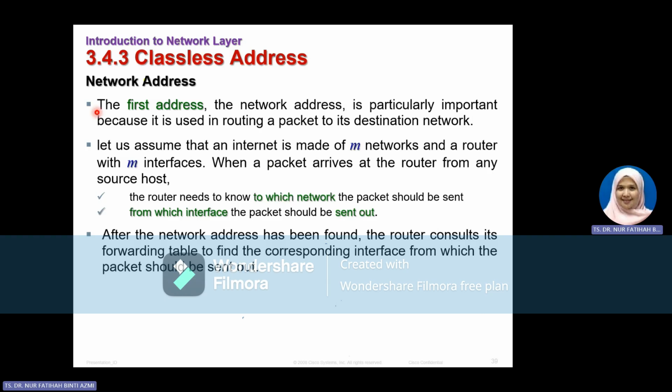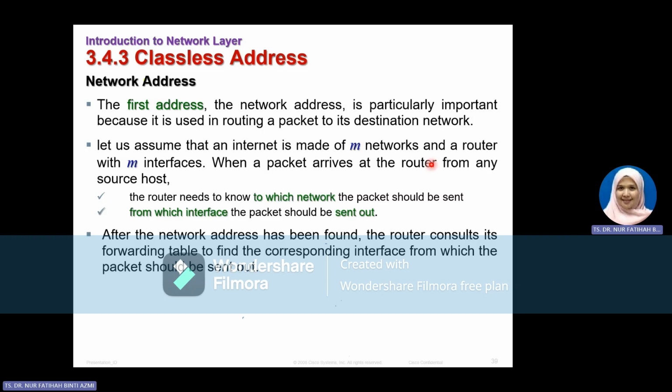So the first address within the group of IP addresses given to a network is super important. We also call it the network address. Think of it like the name or ID for the whole network. This address is usually not given to individual computers or devices.